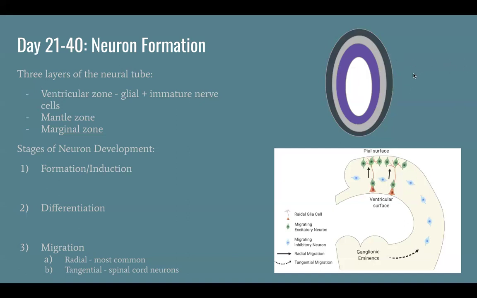If you think of examples off the top of your head, the only reason you might have to do this is because of spinal cord neurons, right? Your spinal cord neurons need to reach their proper destination by going down the neural tube, not from inside to out. It's not in your cerebrum, right? Literally downwards. So that's why you have tangential migration. Often this is for neurons that have to do a lot of communication with other parts of the body. These often engage in tangential migration. So this is day 21 to 40.